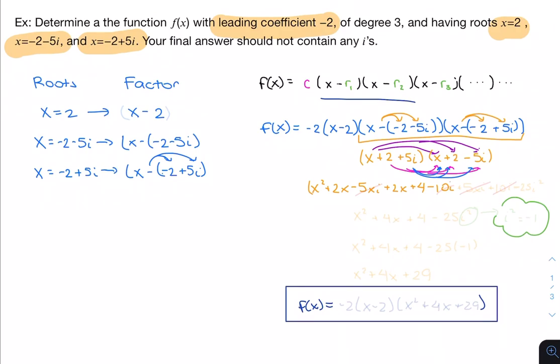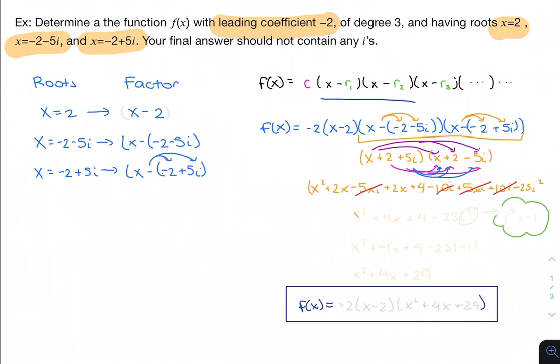And positive 5i times x is 5xi. 5i times 2, that's positive 10i. And 5i times negative 5i, that is negative 25i squared. So simplifying this a little bit, we can cancel out the 5xi's and the negative 10i and 10i.